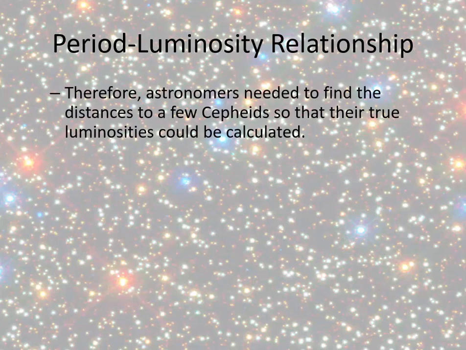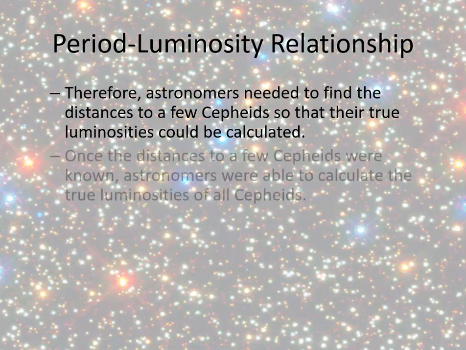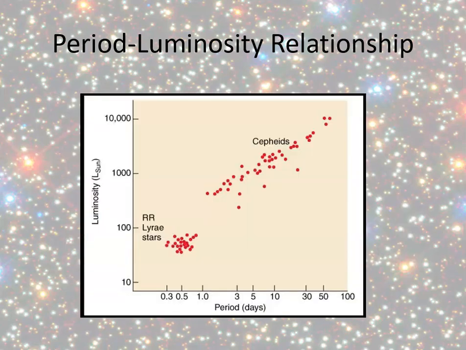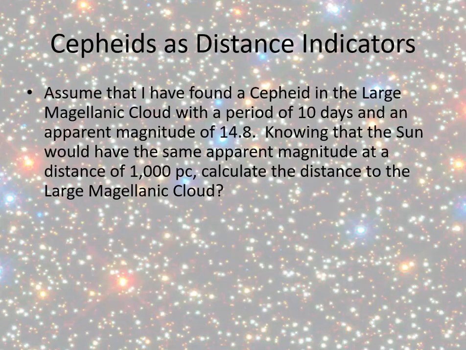Before that, astronomers needed to find distances to a few Cepheids to try to determine their luminosities. But now we have distances to a whole lot of them, so we are in the process of getting a very good period-luminosity relationship as a result. A little bit more about these RR Lyrae stars will be stated soon.